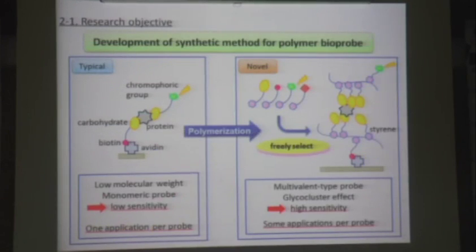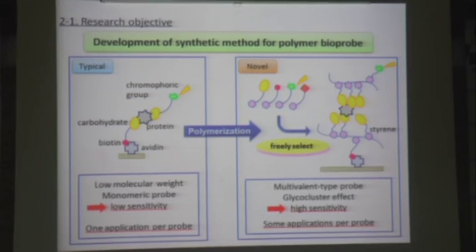From the perspective described above, my research objective is development of synthetic methods for polymer bioprobe. Typical bioprobes have no molecular weight and act as monomeric bioprobes. Therefore, they have low sensitivity and one application per probe. But the polymer can show multivalent type probe and enhance the activity against foreign substances.